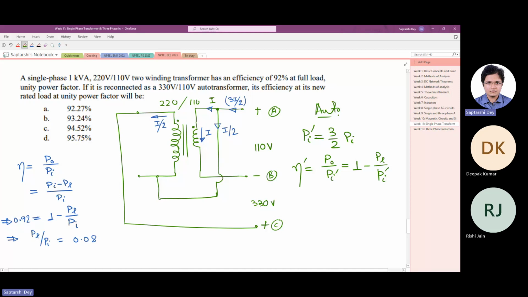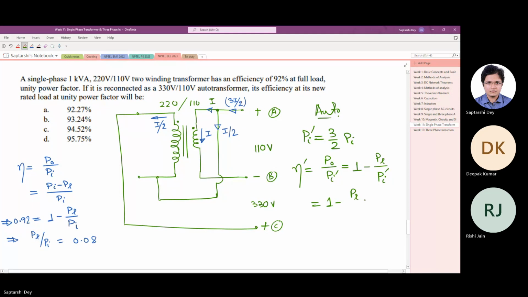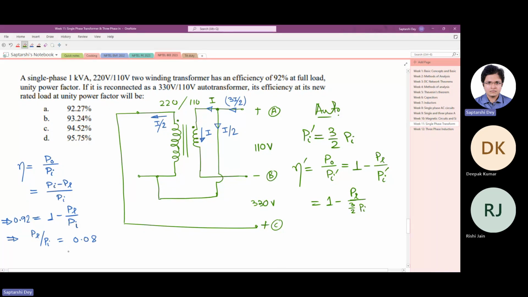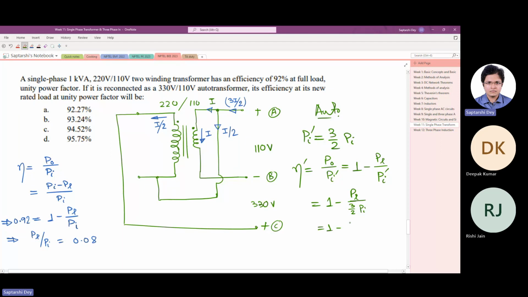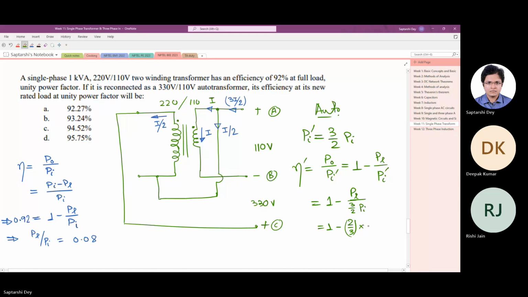Now PL, as I said, the loss is same, is constant. So you can say 1 minus, now I substitute, Pi primed is 3 by 2 Pi, so PL by 3 by 2 Pi. Now PL by Pi is known from here. So 1 minus 2/3 of 0.08.